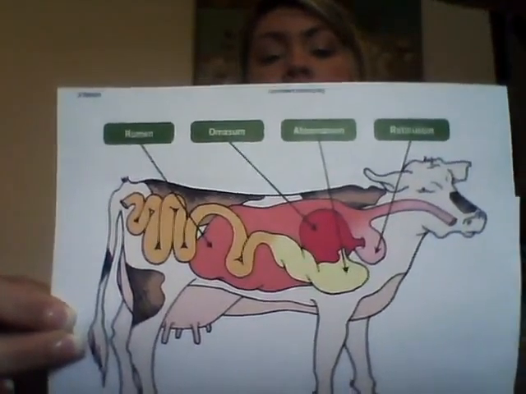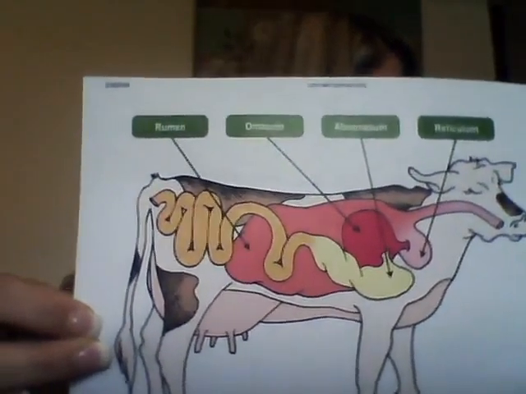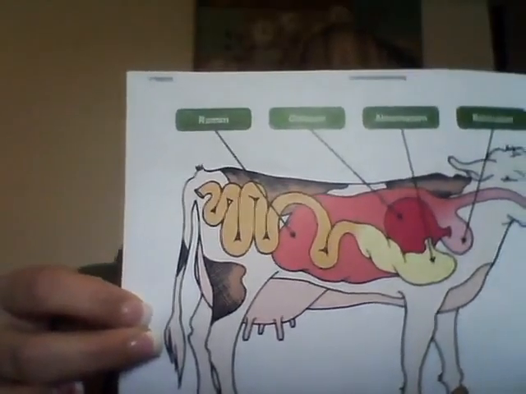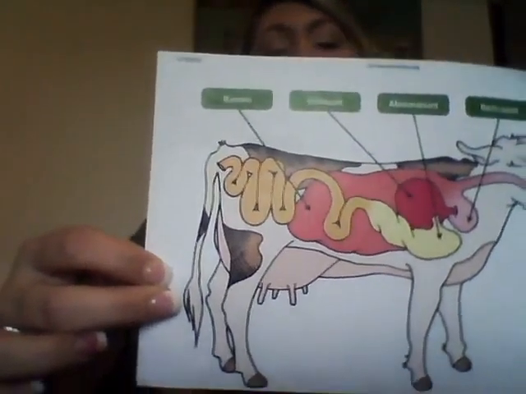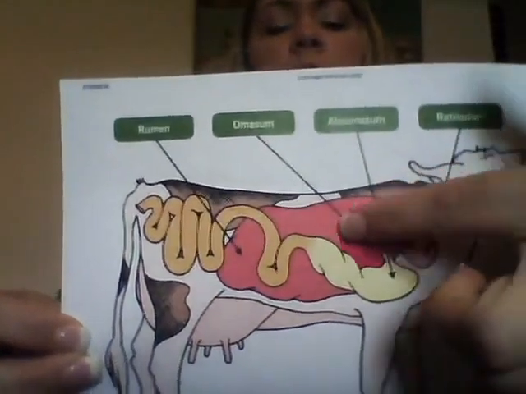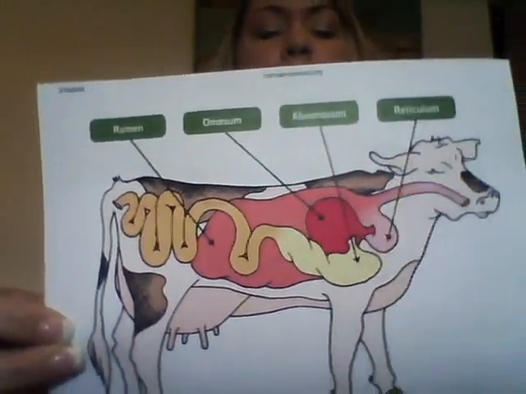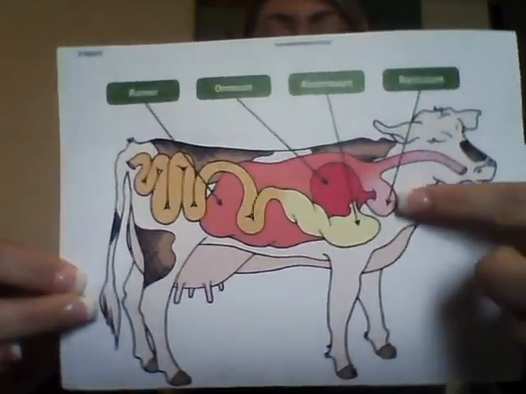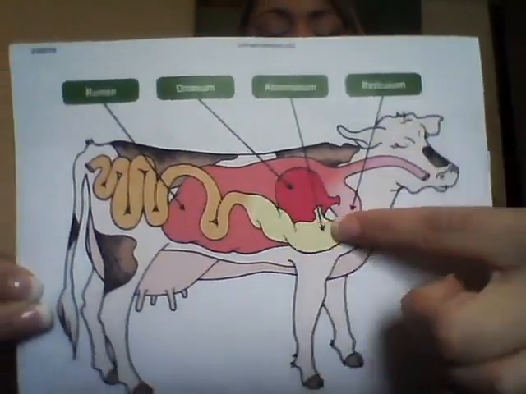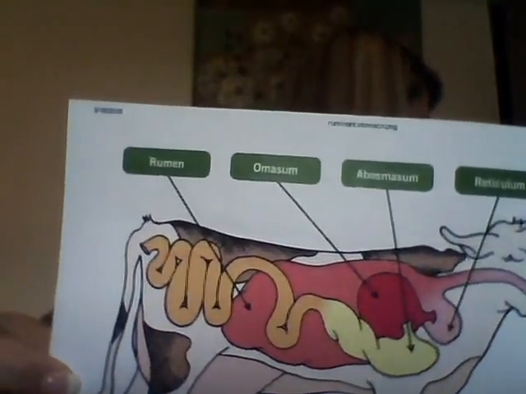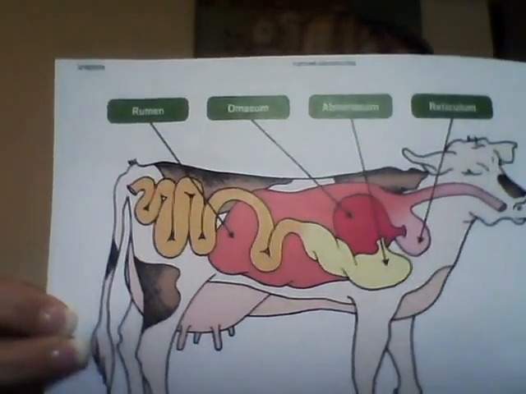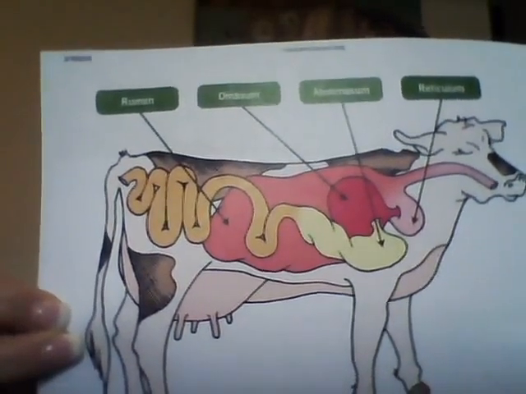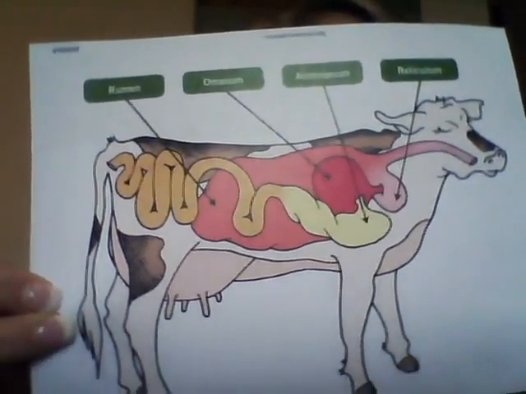Then we have our omasum, which filters and absorbs water. And then we have our abomasum, right here, which serves as the true stomach and helps break down the microbial protein and undigestible intake protein.